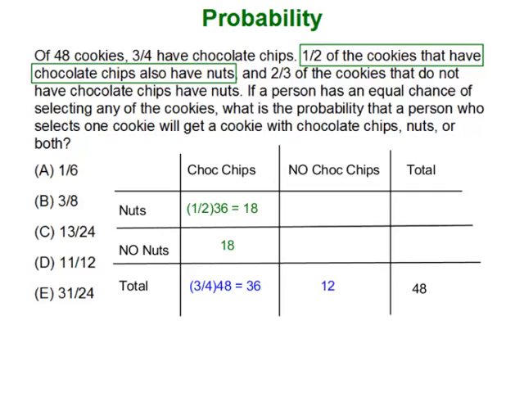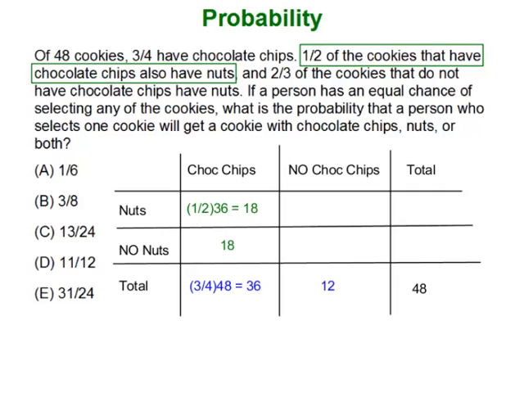Half of the cookies that have chocolate chips are these. So half of the 36 cookies that have chocolate chips would be 18. Those 18 have nuts. And that implies that half don't have nuts, right? So 18 being here means 18 must be here in order to get a total of 36. Boy, we're getting somewhere with this.